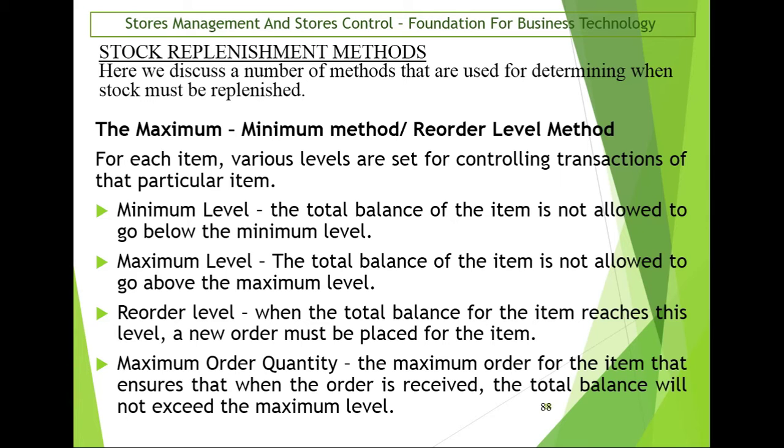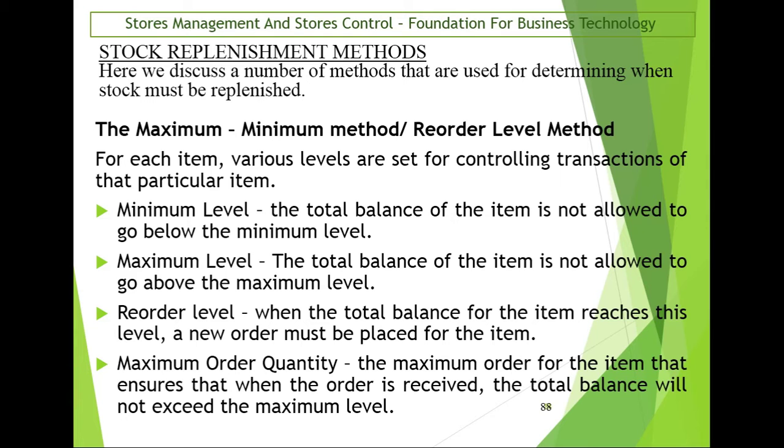When we set a minimum level, we are saying the total balance of the item is not allowed to go below that minimum level. So if, for example, for one item we put a minimum level of 10, it means that the balance for that item can never be less than 10.